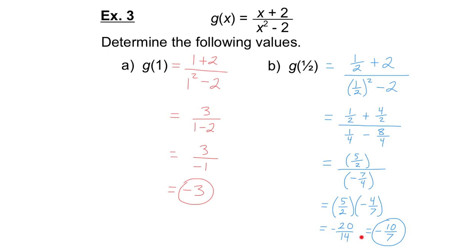Put this in lowest terms. These are both even numbers, so I can divide each by 2. 20 divided by 2 is 10. 14 divided by 2 is 7. Now this is lowest terms because I can't find a common factor. So leave your answer as a fraction. That's great. Then it's an exact answer, negative 10 over 7.